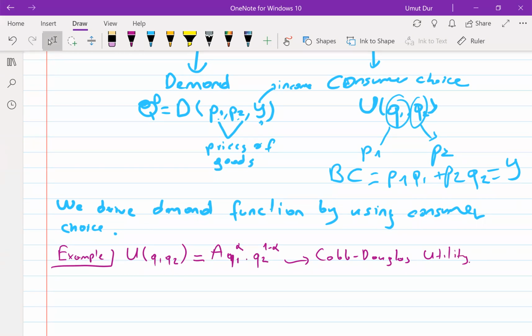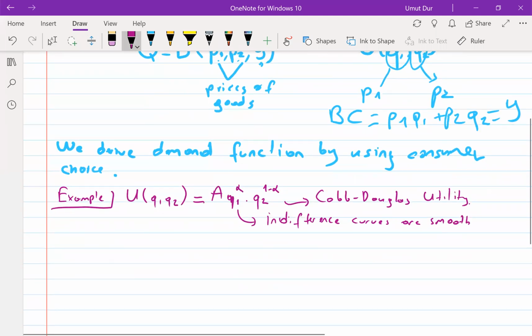What is important about this utility function is that the indifference curves are smooth, which means that we can use MRS equal to the negative ratio of the price of good 1 and good 2.